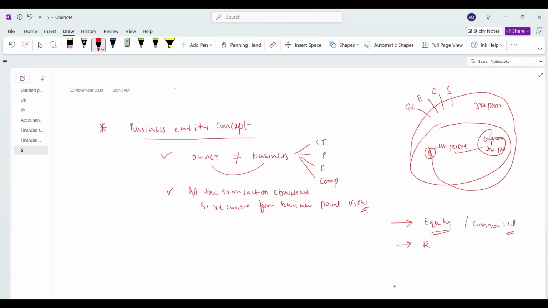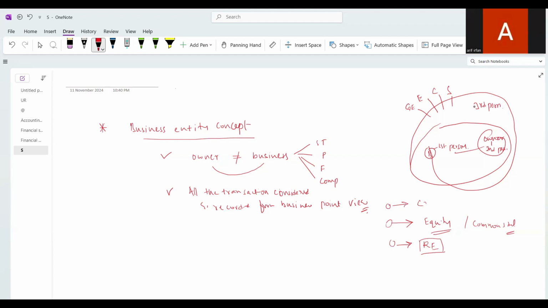And also we will consider retained earnings. All other transactions will be considered for retained earnings. If sole trader or partnership is there, we will use the concept of capital and drawings. So whenever owner is dealing, we have to consider separate names.